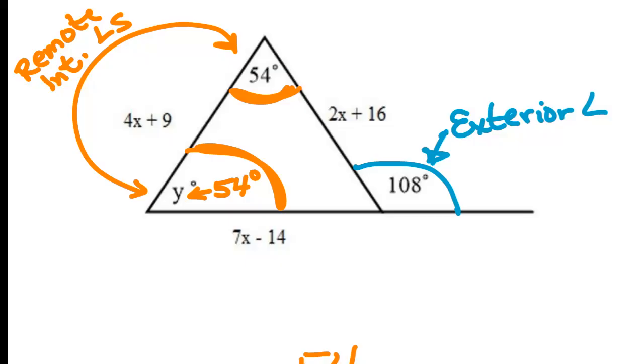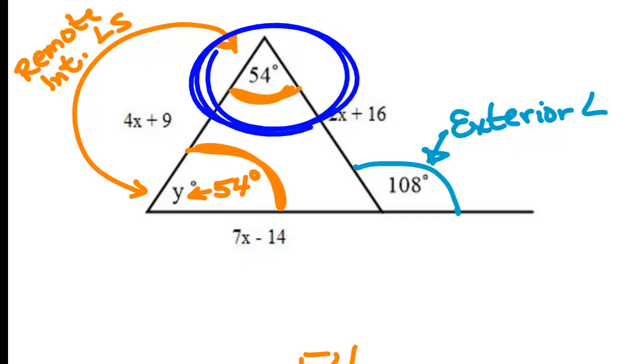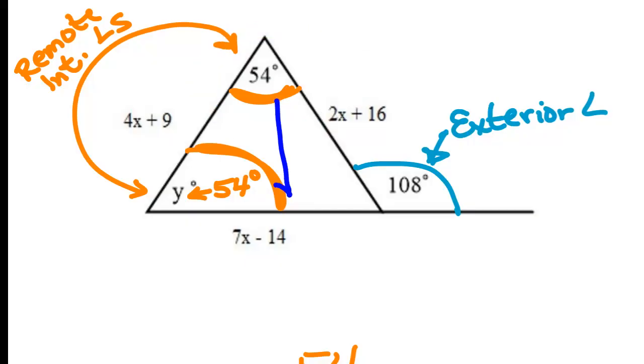Yes, it's going to be opposite my angle. So what is opposite this top angle? 7x minus 14. This is one of my two congruent sides. What's the other congruent side then? 2x plus 16 would be my other congruent side.